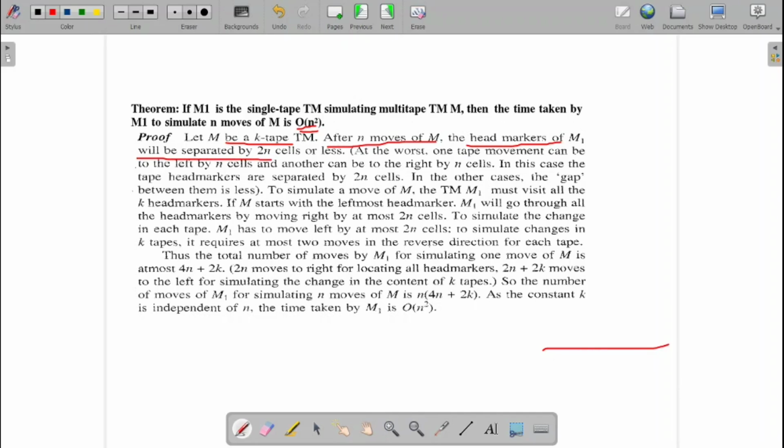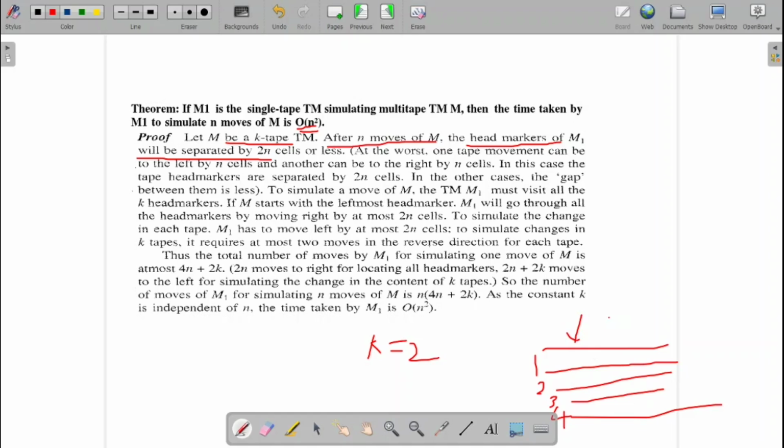So now if we go with the movement over here, the head markers, one can move 1, 2, 3 and 4. Let me take an example of K equal to 2. So now what happens if I have the head over here, the first head of, so these are the 2 tapes, tape number 1 and tape number 2.